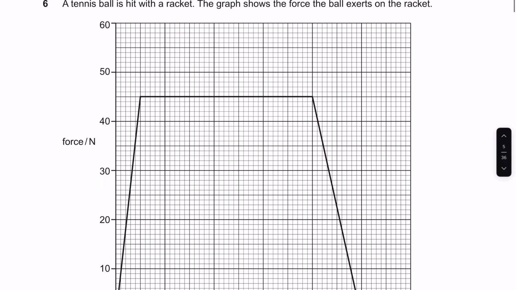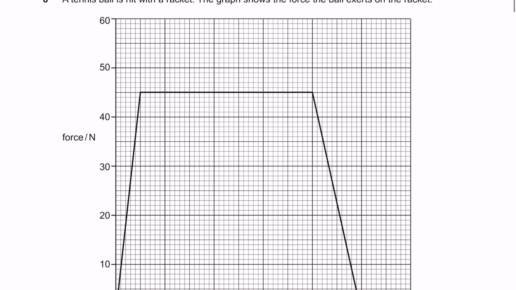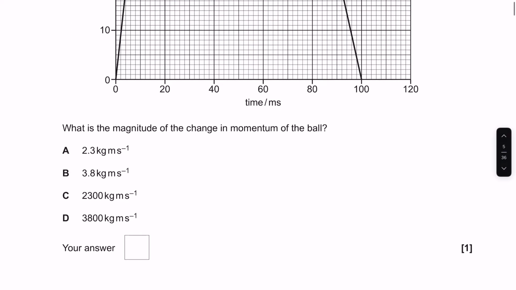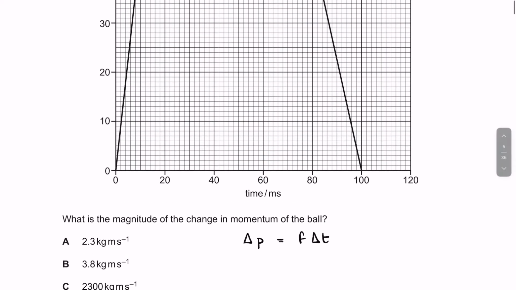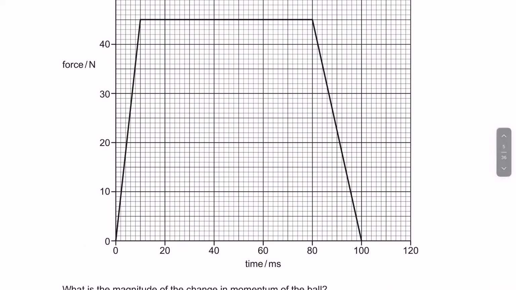Question number 6. We've been given a tennis ball which is hit with a racket, and the graph shows the force the ball exerts on the racket. What is the magnitude of the change in momentum of the ball? So we know that change in momentum is the impulse, or force times delta t, and that would essentially be, in this case, the area under the graph, which is a trapezium.